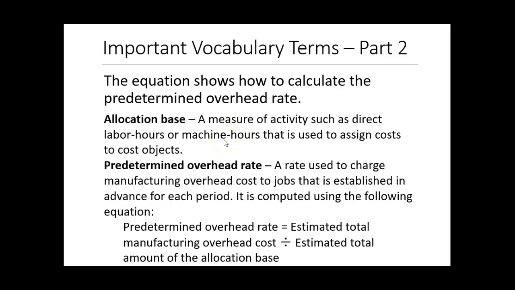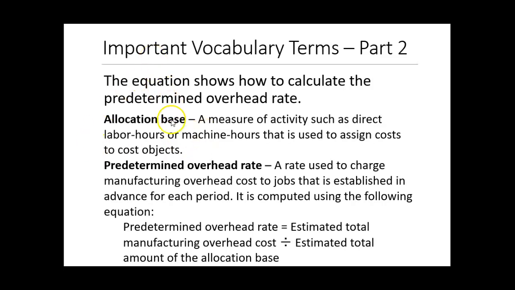So what we're saying is that the number of hours worked by the employees may have the biggest impact on the manufacturing overhead costs, or it could be the number of machine hours used during the course of the year has the biggest impact on manufacturing overhead costs.